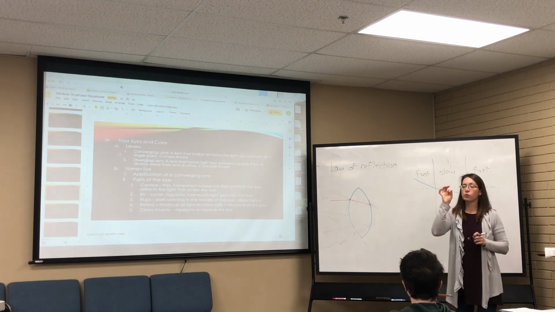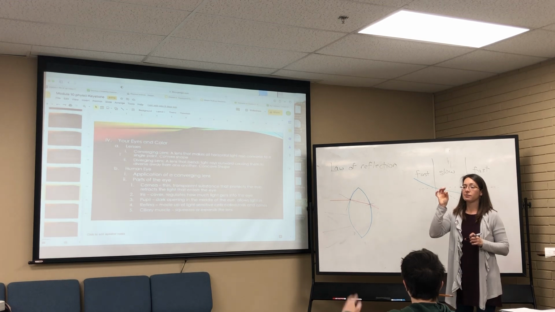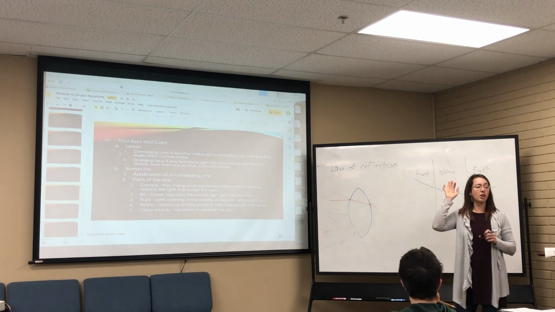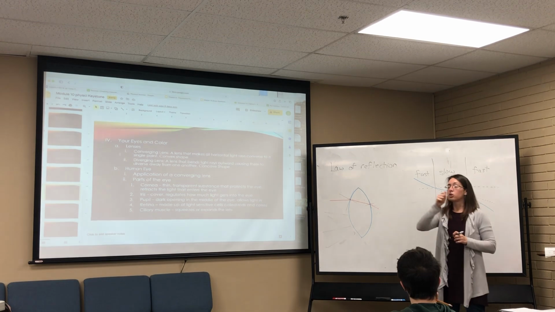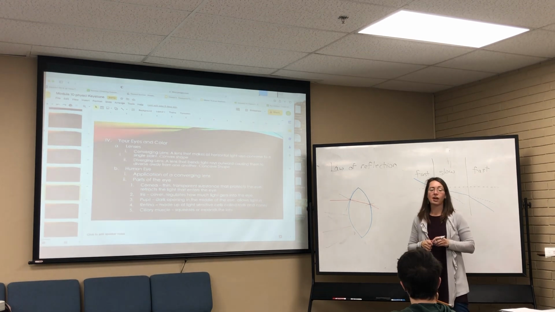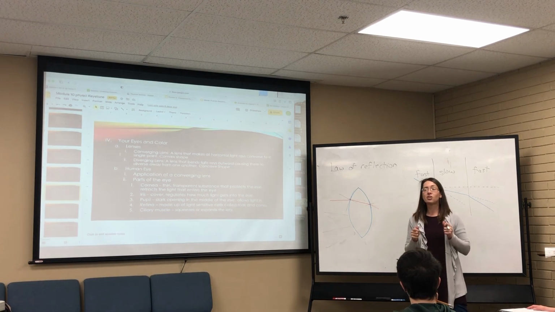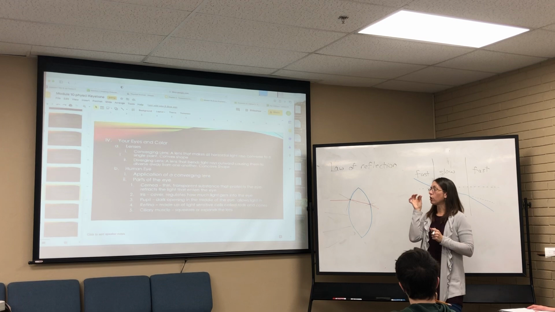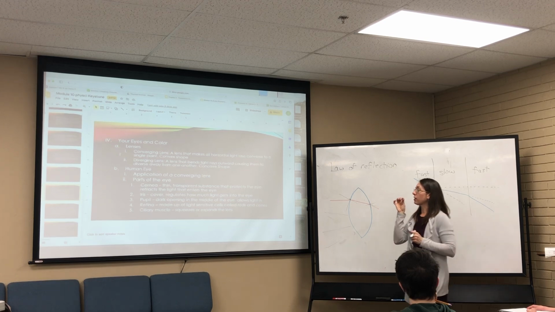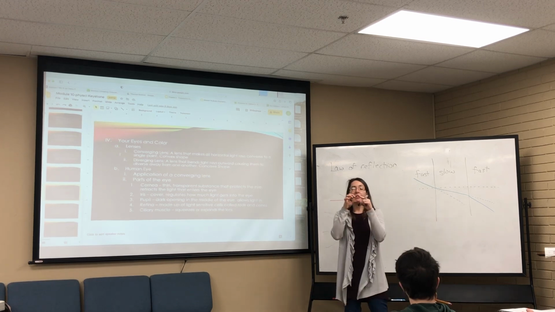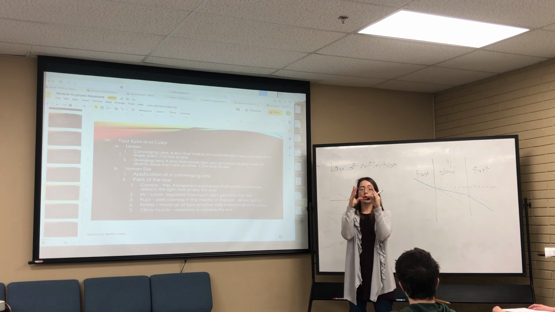Anyone ever been checked for concussion? Hit your head hard enough, they're going to shine a light in your eyes. The reason they shine a light in your eyes is that when a bright light passes over your iris and your pupil area, it will shrink and it will expand.